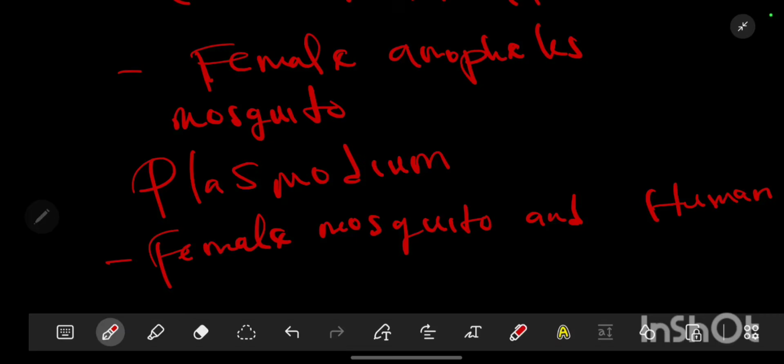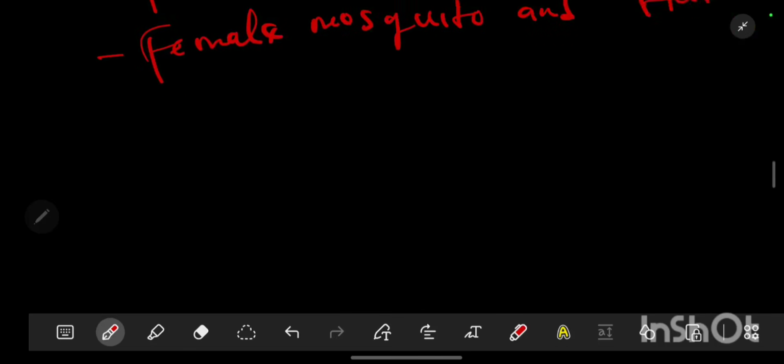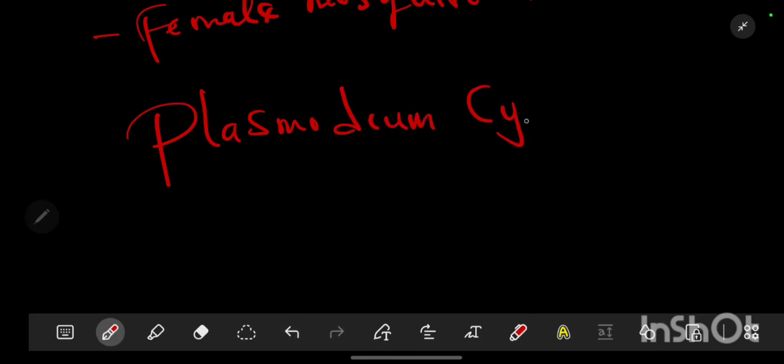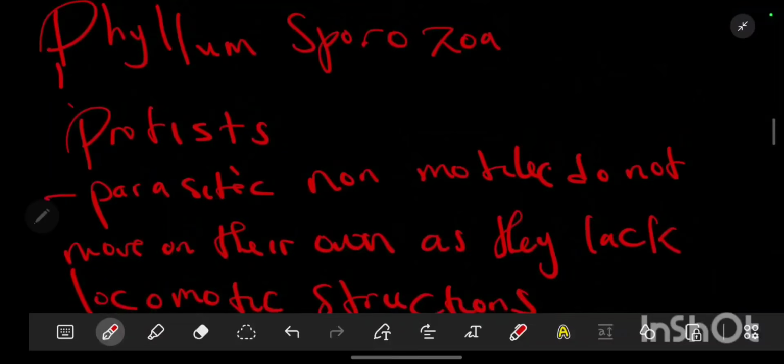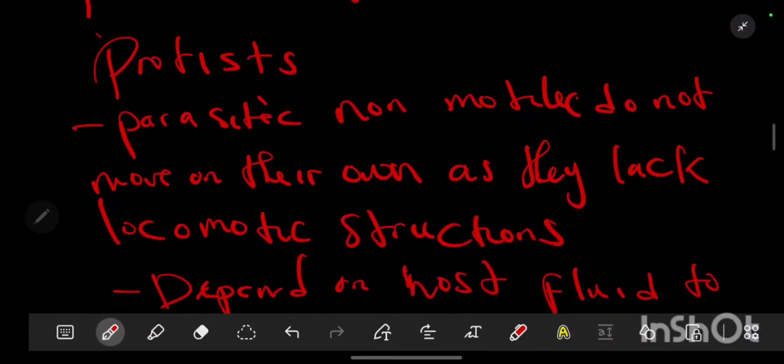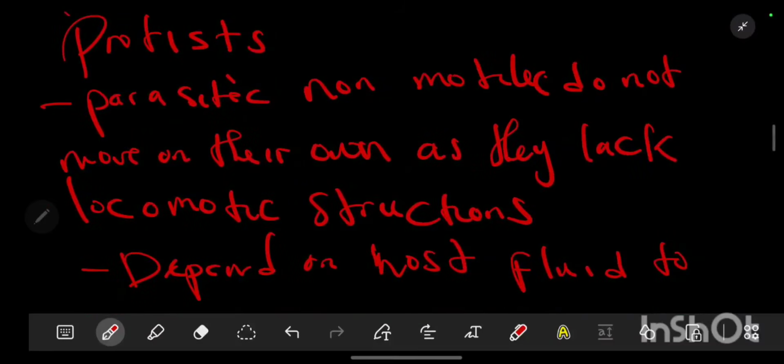So now let's look at how the Plasmodium cycle operates. So what have we talked about? The other thing that we have said is they are non-motile. They cannot move.